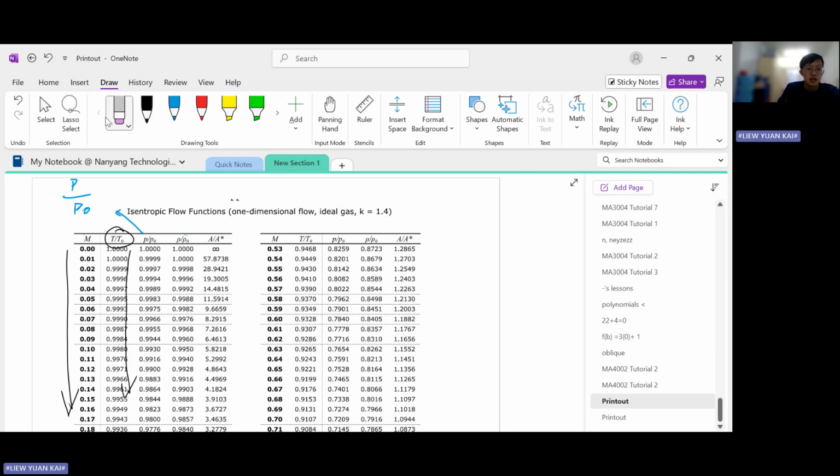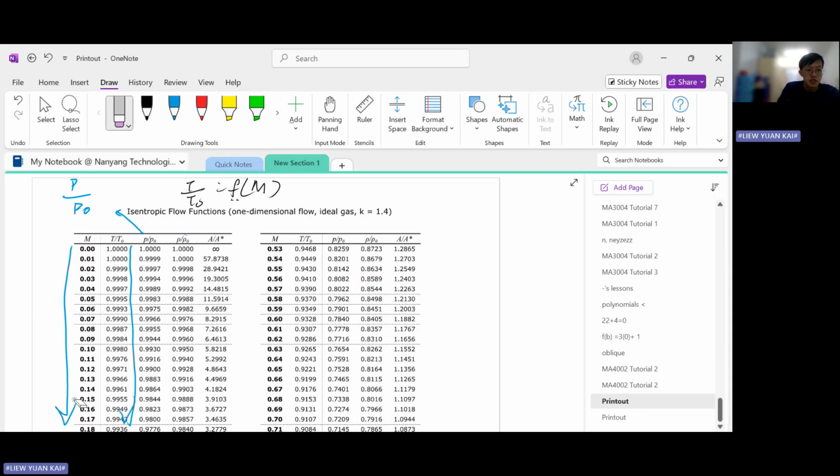Let me say that again. The condition ratios are a function of Mach number. For example, T over T naught is a function of the Mach number. This means as the Mach number changes, the temperature ratio also changes.